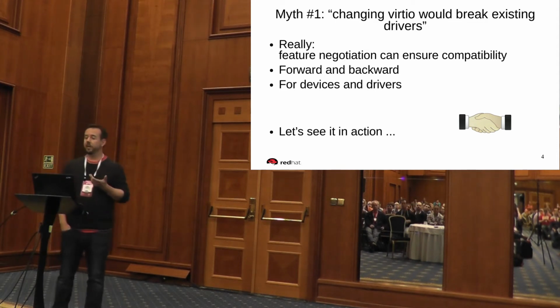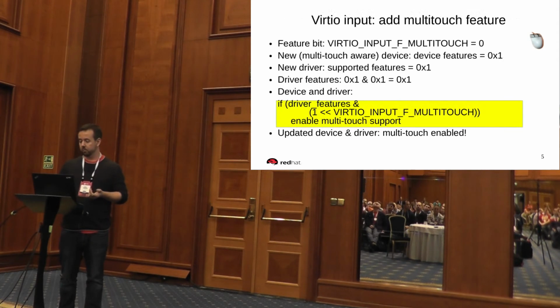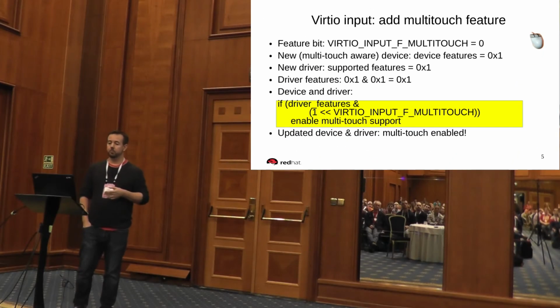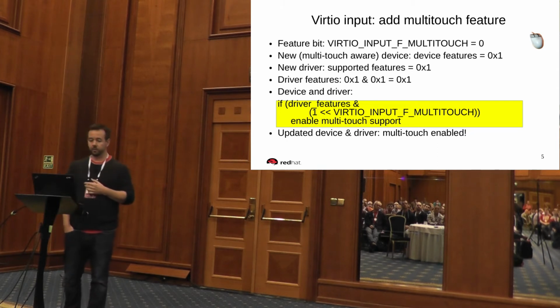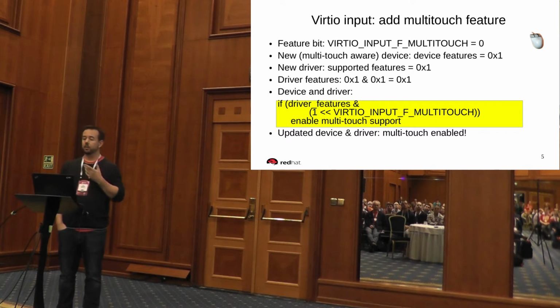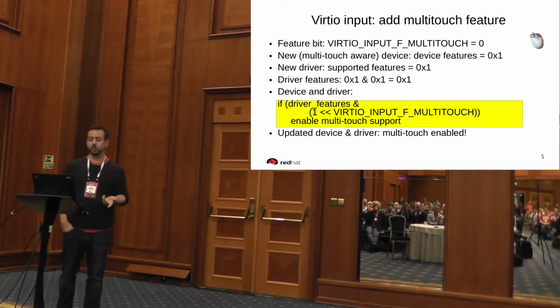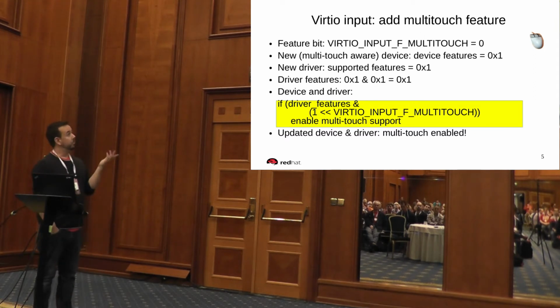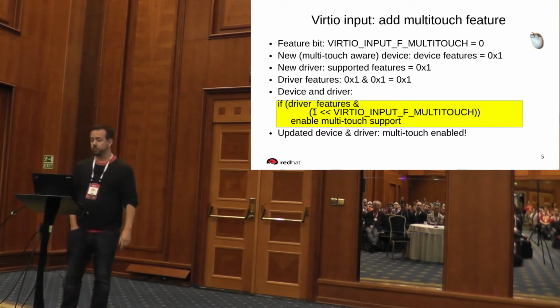Let's say we want to make a change to how a Virtio input device works. Say we want to add a new feature, multi-touch, for this input device. Whenever we make a guest visible change to a device, that means we have to assign it a new feature bit. Okay, we assign bit 0 to our new multi-touch feature.